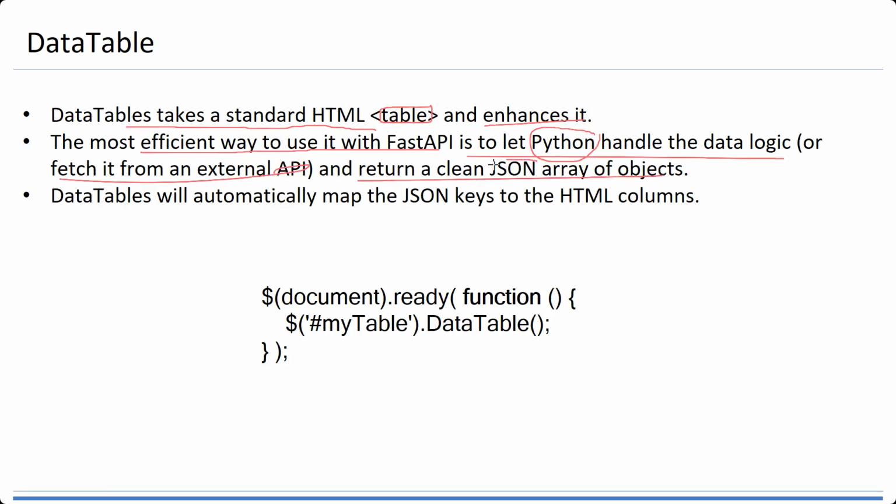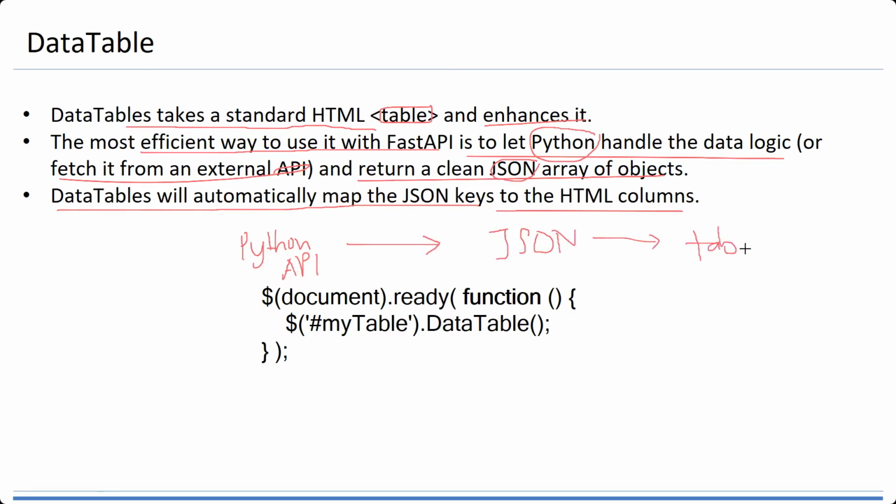After we have the JSON array, DataTables will automatically map the JSON keys to the HTML columns. So the starting point is Python if you are using the server, or you can use the API if you directly connect your data to the API, and then you can change the format into JSON. And after you have the JSON format, you can put it into the table with DataTables.